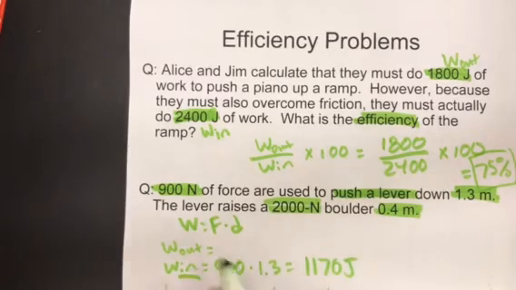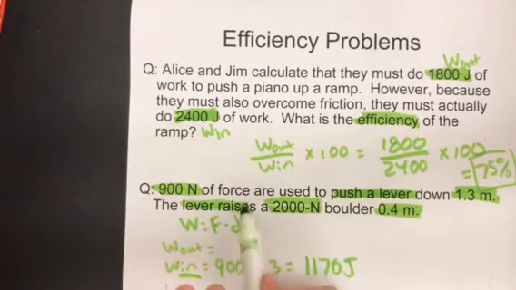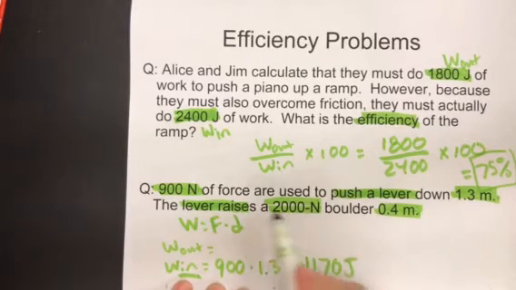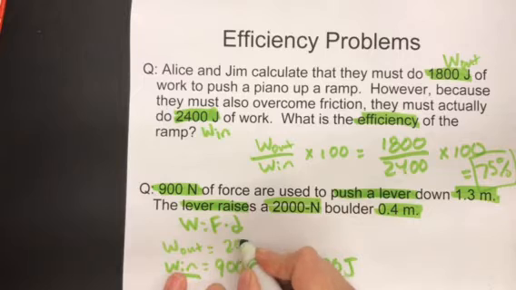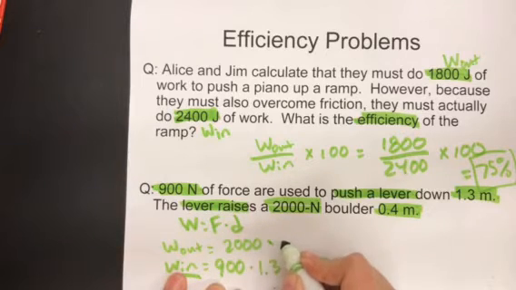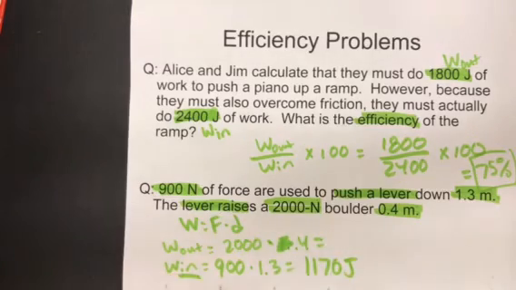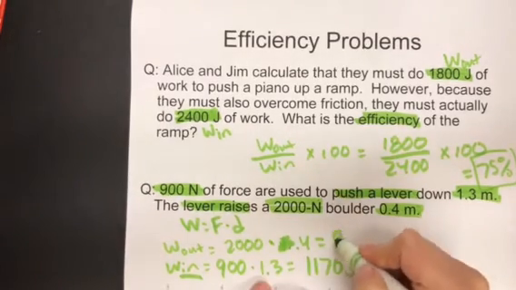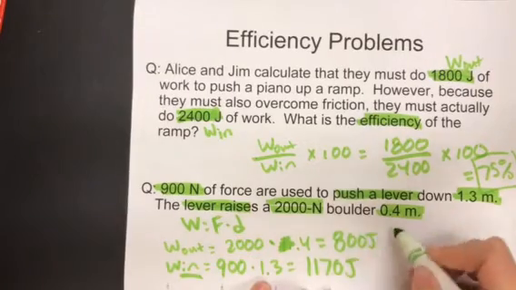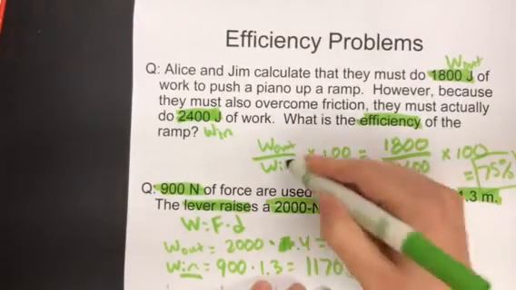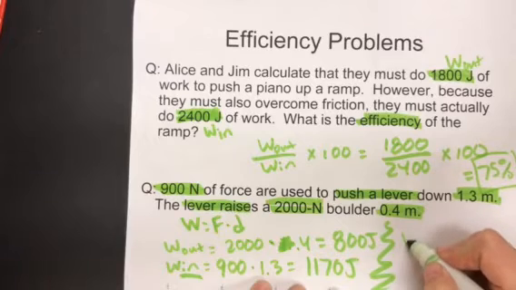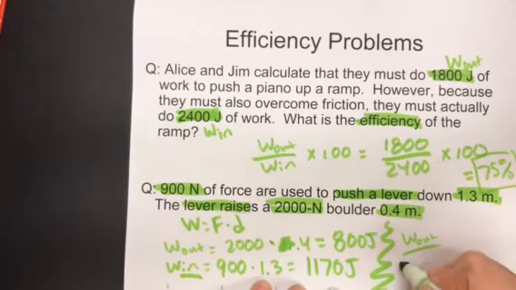Then the lever raises, and this is what the machine is doing. So you're now going to take these numbers and find the work out. So 2000 times 0.4, which gives you 800. So the next step is to plug it into this equation: work out over work in times 100.